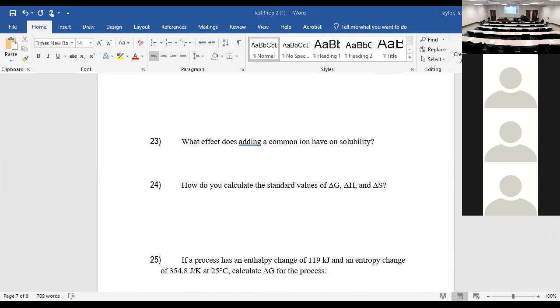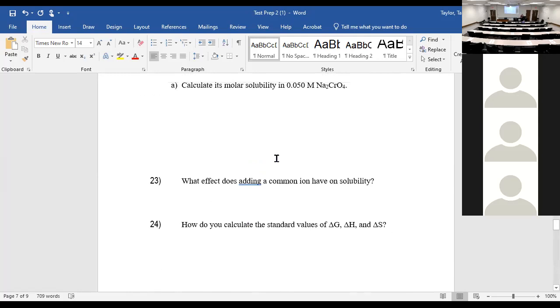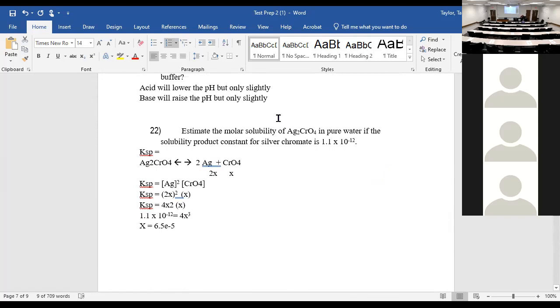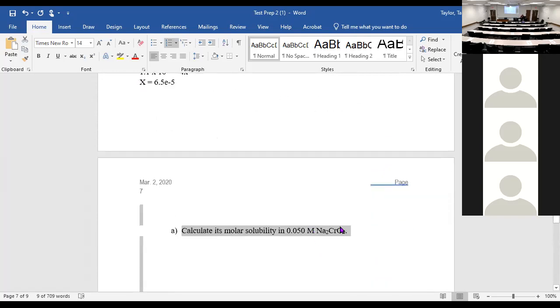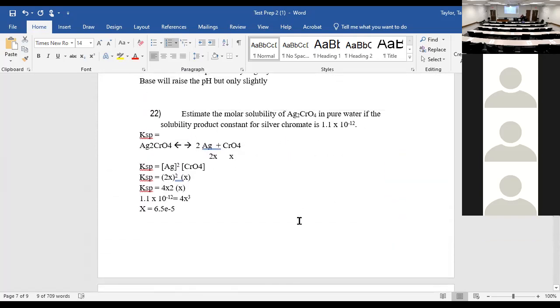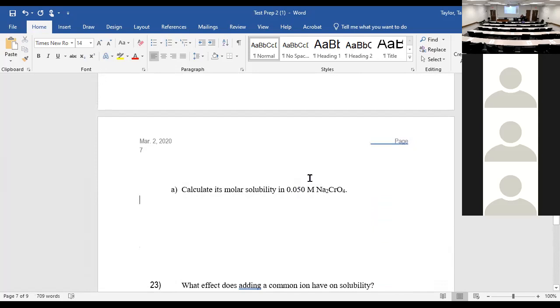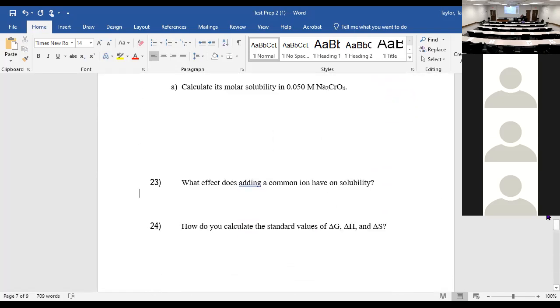So what effect does adding a common ion have on solubility? Okay. Does anyone remember? That's what this is asking, because you're mixing silver chromate into sodium chromate. So is it going to be more or less soluble if you take your silver chromate and put it in another solution that also contains chromate? Less.